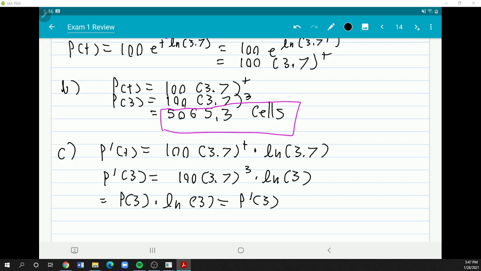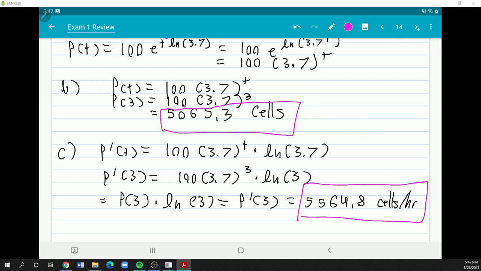And so I'm going to take the number I just got in my calculator, multiply it by log of 3.7, and I'll get 5,564.8 cells per hour. All right, and that does number 13.